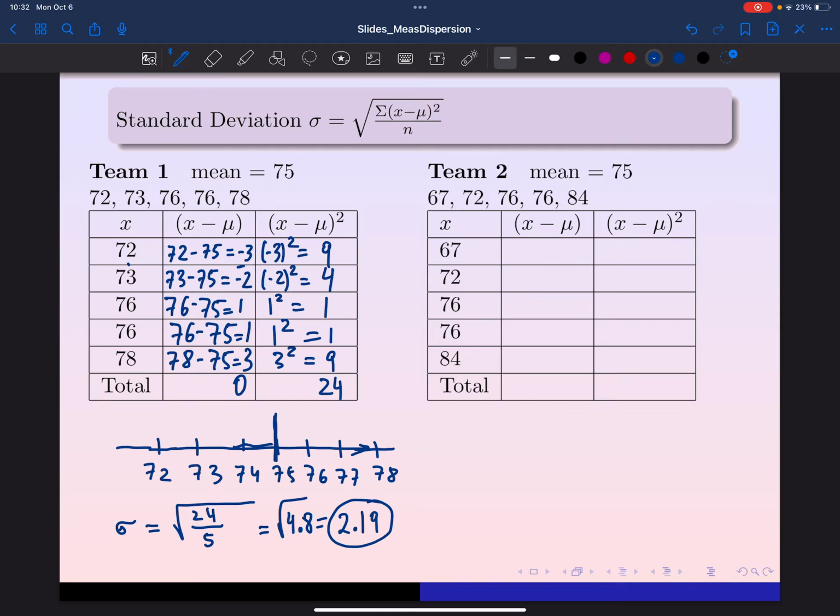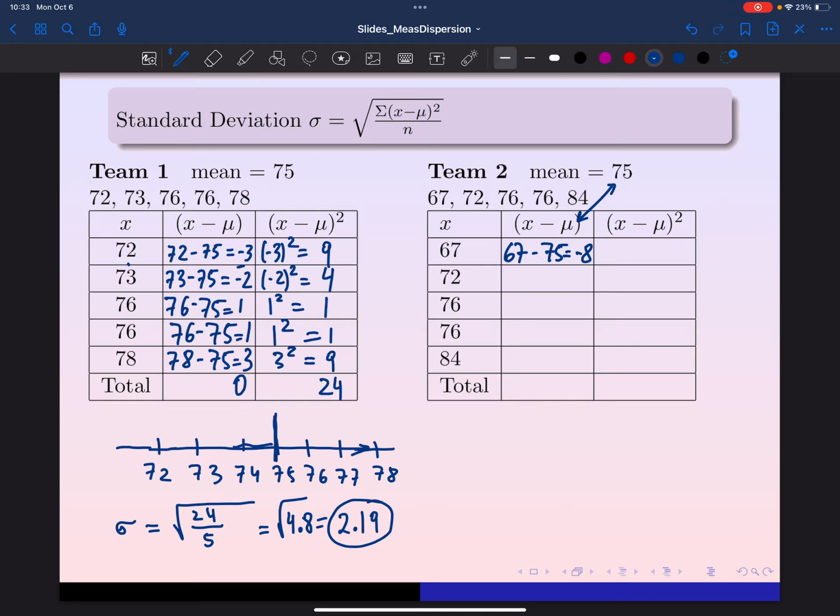Now we do exactly the same for the second team. So we list all the data: 67, 72, 76, 76, and 84, and we're going to calculate this from the average. The mu is the average. So we have 67 minus 75, and that gives me minus 8.